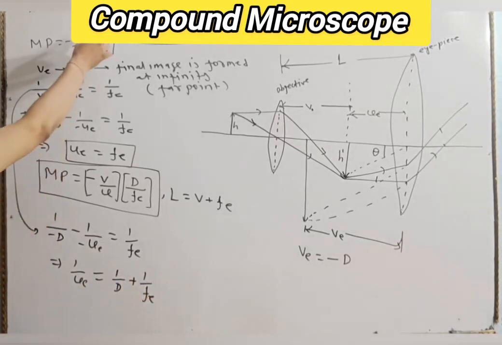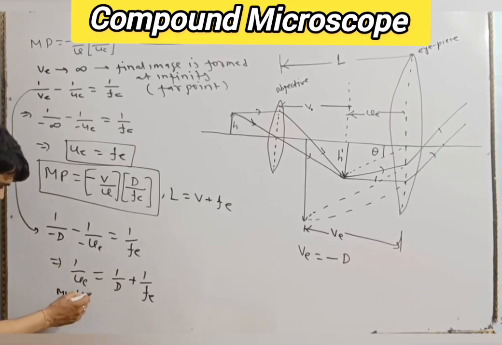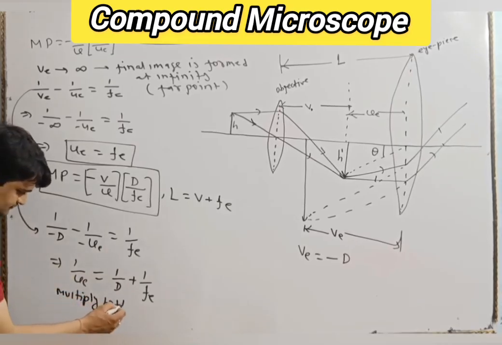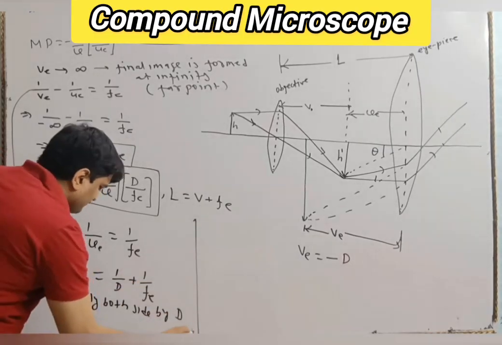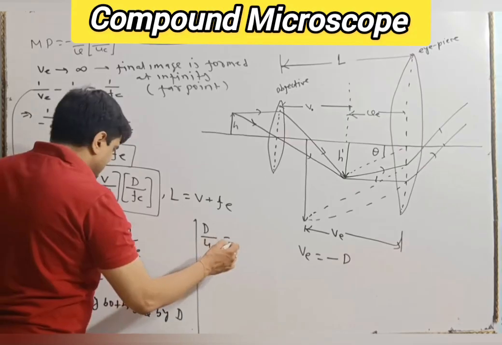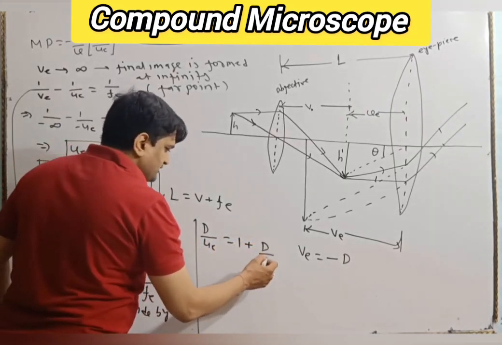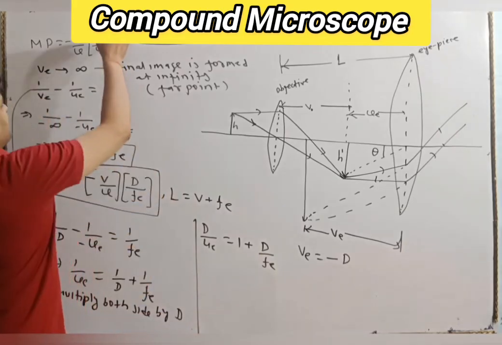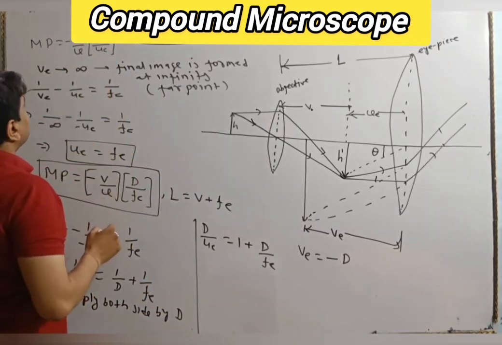But in magnifying power, D upon UE is there, so multiply both sides by D, then we will get D upon UE equal to 1 plus D upon Fe. And magnifying power is this, minus V upon U D upon UE.